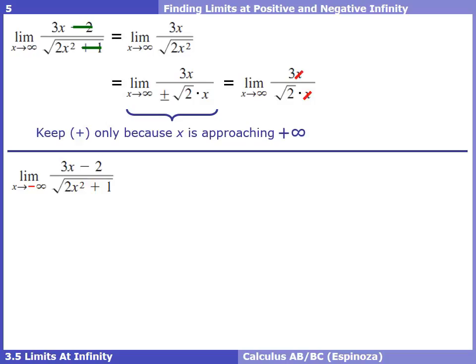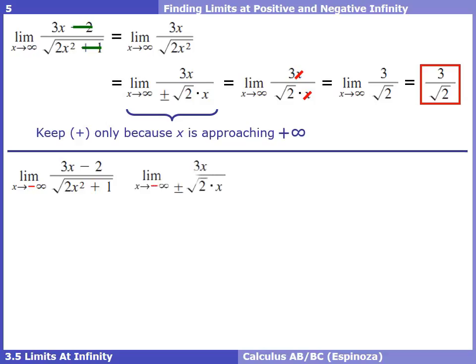The x in the top will cancel with the x in the bottom. And that's just a constant, not a nice looking constant, but 3 over the square root of 2 is just a constant. So when we take that limit to infinity, it's just that constant. So our process has changed, not really, but there's one extra little step here in that we're needing to decide which sign to keep. We keep the positive because x is approaching positive infinity.